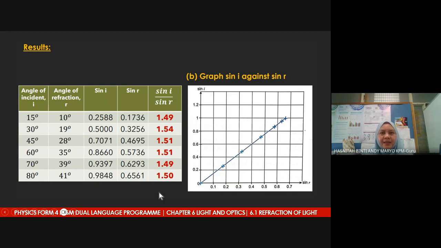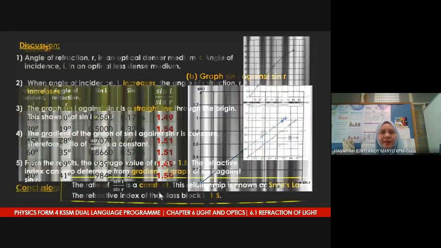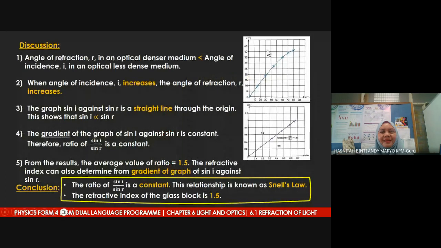Then students, what analysis or discussion can we make from this study? Number 1, from the table, we understand the angle of refraction in an optically denser medium is smaller than the angle of incidence in the optically less dense medium. So the angle of refraction in the glass is less compared to the angle of incidence in the air.